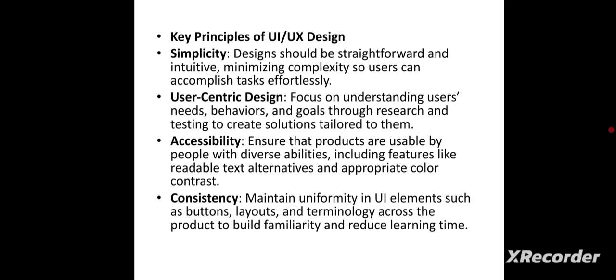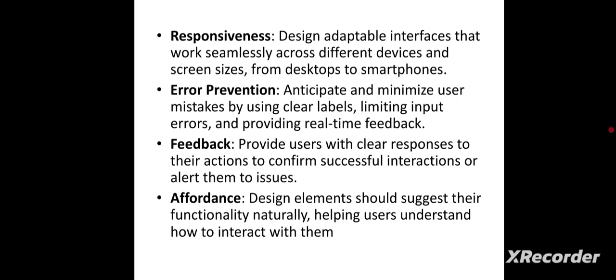Next, moving to responsiveness. Responsive design ensures the interface adapts to different screen sizes like desktop, tablets, and smartphones. Moving on to error prevention, design should minimize user mistakes by providing clear labels, validation messages, and restricted inputs.